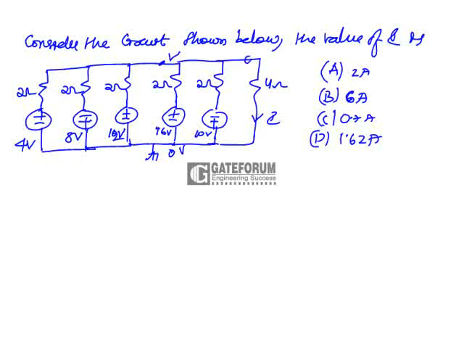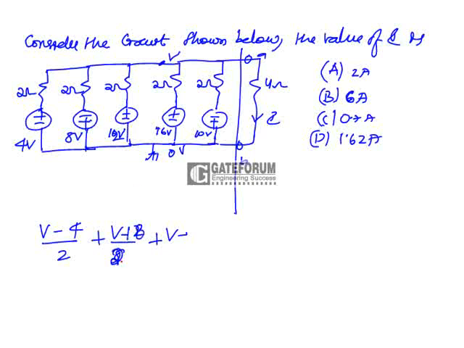Let us take these two terminals as A and B terminals and open circuit these across load terminals. Okay, now what is the nodal analysis when load terminals are open? V minus 4 by 2 plus V minus 2 by 8 plus V. Okay, V minus 4 by 2 plus V. This polarity is different here, minus and plus, so this should be V plus 8 by 2.